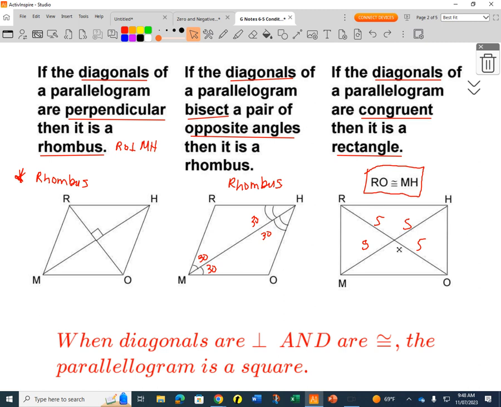But if it's both, that's a square. Just so we're clear, if you don't have this part written, you won't get credit for the notes.